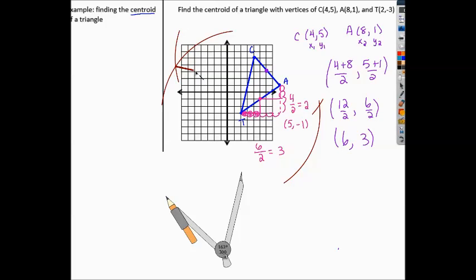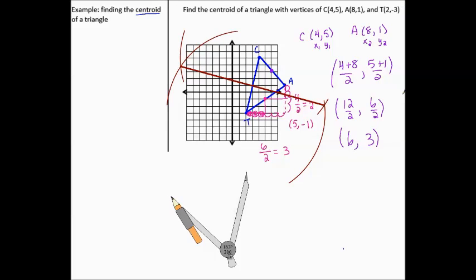So from this intersection, all the way over to here, as best as we can. Where this hits the line will be the other midpoint. In this case, it is at (3, 1), right?